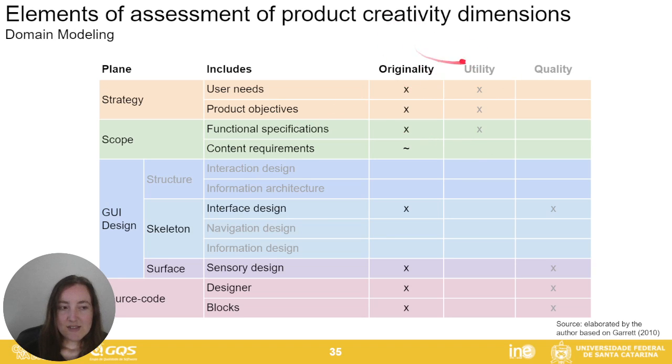Considering originality, all layers are included except structure. Utility is more related to strategy in part of scope, and quality is assessed based on the most concrete layers from visual design and source code.